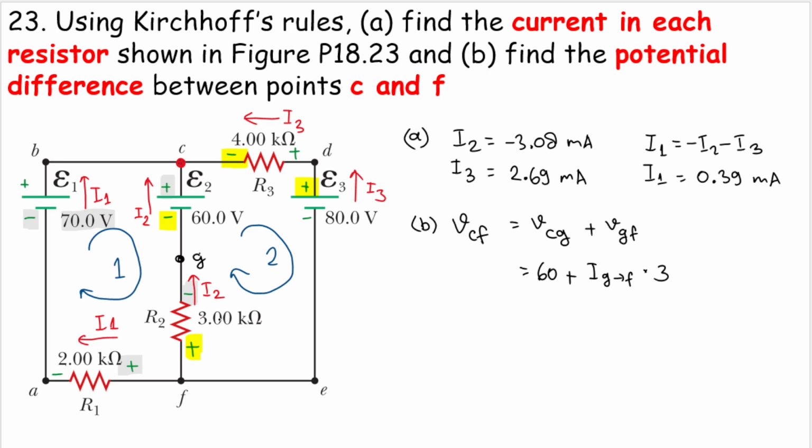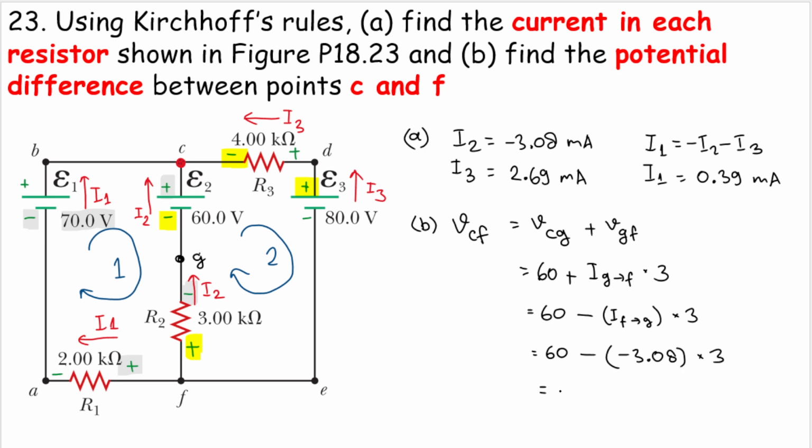But we know I2, but I2 is from F to G. So I have 60, and then this one will be minus the I from F to G, right? And then multiplied by 3. But F to G is just I2, right? So we will have 60 minus, and then minus 3.08, then multiplied by 3.